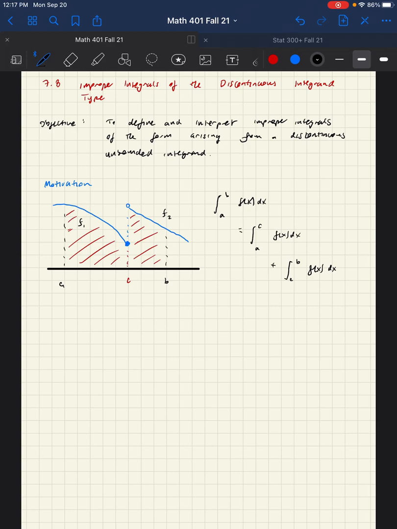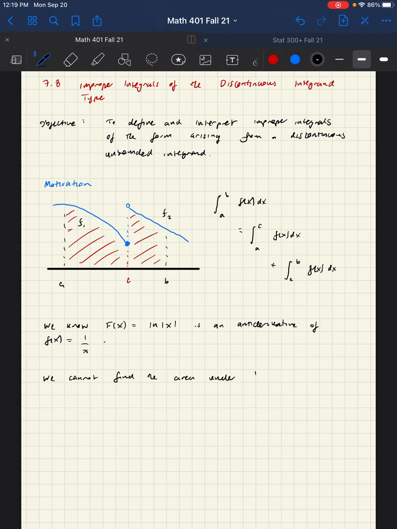Unfortunately, though, this isn't as easy if the function, for instance, blows up, by which we mean it becomes unbounded. So let's consider that we know capital F of x being ln of the absolute value of x is an antiderivative of the well-known function f of x equals 1 over x. 1 over x has a discontinuity at 0 that's essential, and it's of the unbounded type.